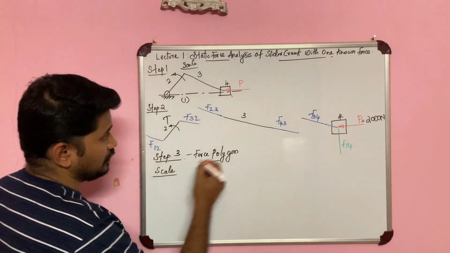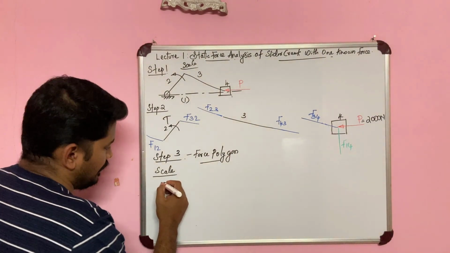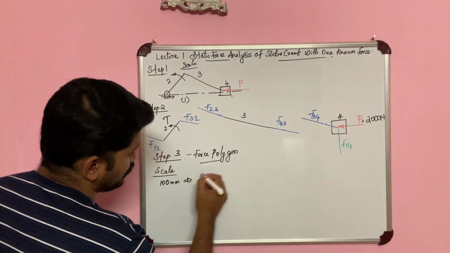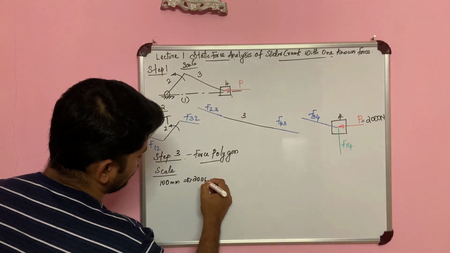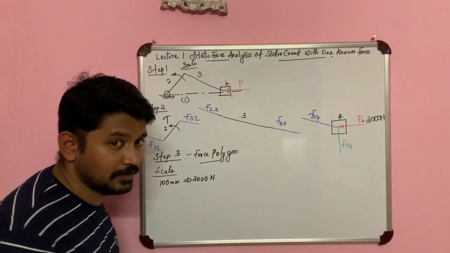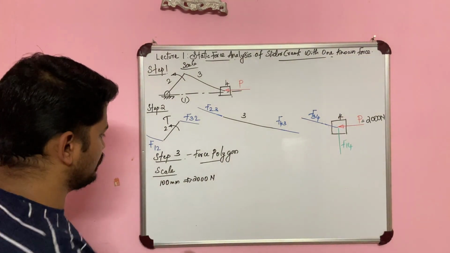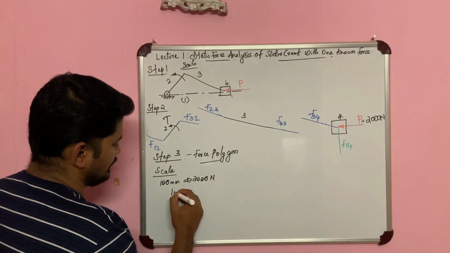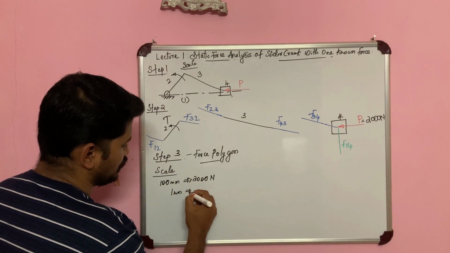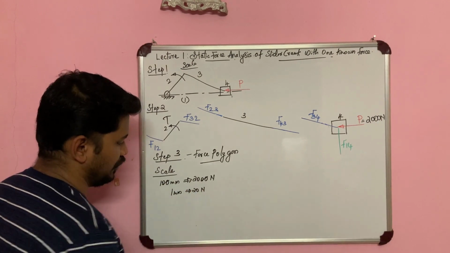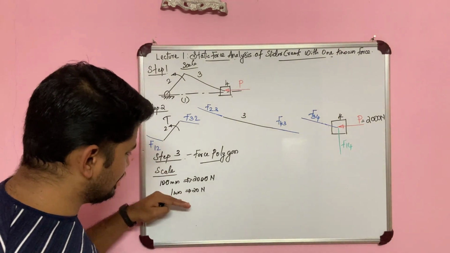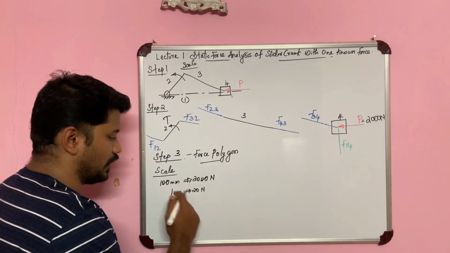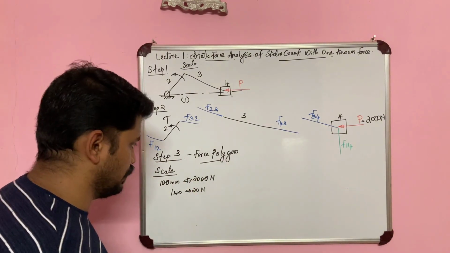So here we are taking 100 mm is equivalent to 2000 Newton. Right, 100 mm is equivalent to 2000 Newton. So here I can write as 1 mm is equivalent to 20 Newton. So when we are writing the scale, you always have to write the units along with it. So here I am writing 1 mm is equivalent to 20 Newton.